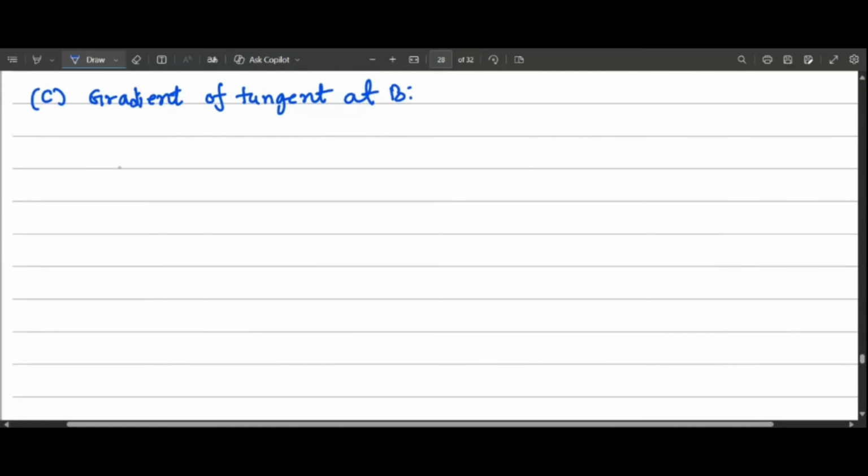To find the gradient of the curve at B, we will use the x coordinate of B.